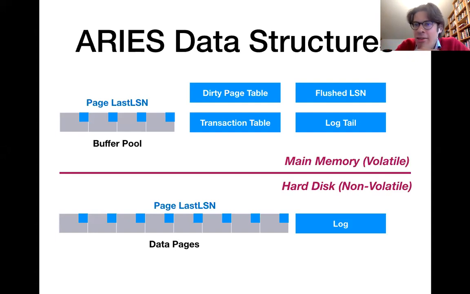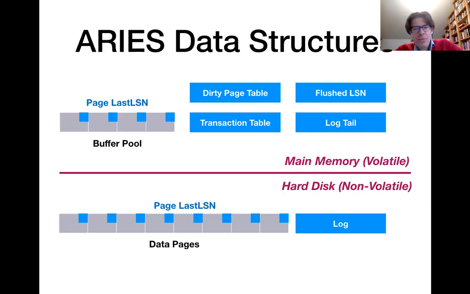So you see the divider in the middle of the screen. Everything on top of it is stored in main memory, which means it is volatile and will be lost during a crash. Everything below the divider is stored on hard disk. It is non-volatile and will persist after a crash.